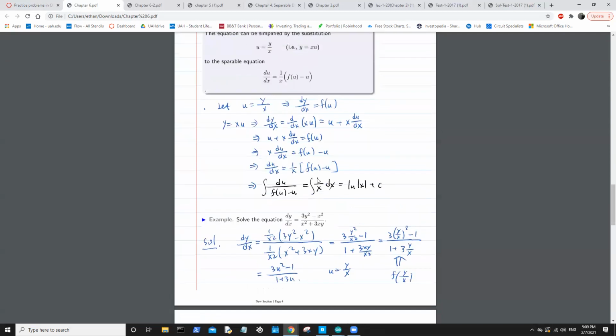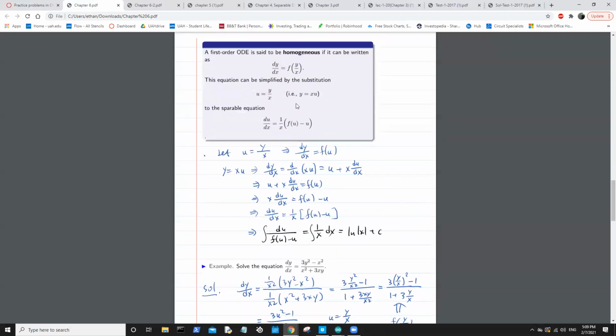Does he make us take the derivative of u anywhere? All right, so he lets u equal y over x in this instance.